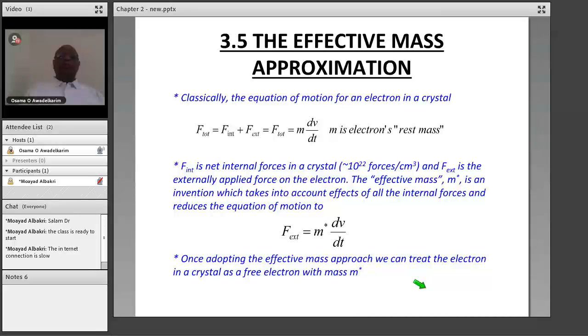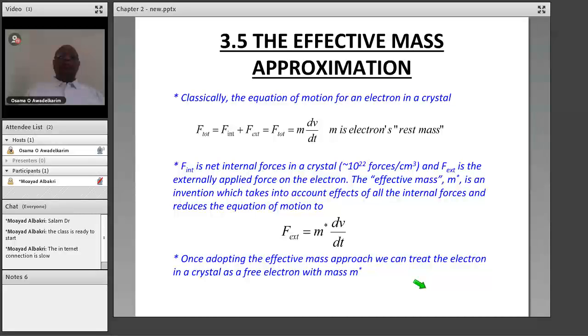And we're going to have not one electron, as I told you, we're going to have 10 to the 22, 10 to the 23 electrons per cubic centimeter. So we have a huge undertaking. External forces, meaning electric fields or magnetic field or optical excitation, these are all external that we apply. And then internal forces, we have all these electrons that are interacting with one another.